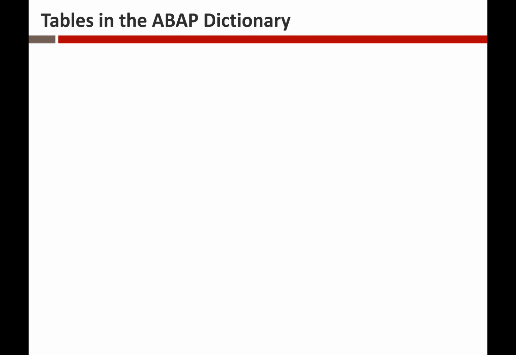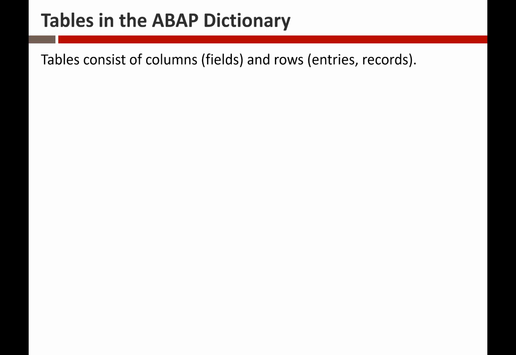Well, the first thing we will talk about here, kind of continuing our discussion of the ABAP dictionary, is how could we create a database table in the SAP system. And the fact is, we do not create those programmatically. We cannot create a database table. We cannot drop a database table programmatically. We do all of that inside of the ABAP dictionary.